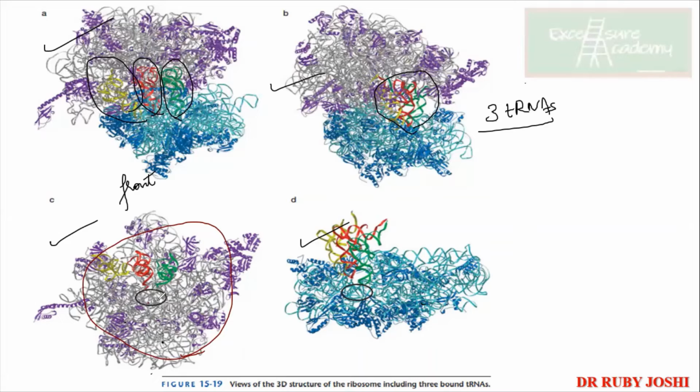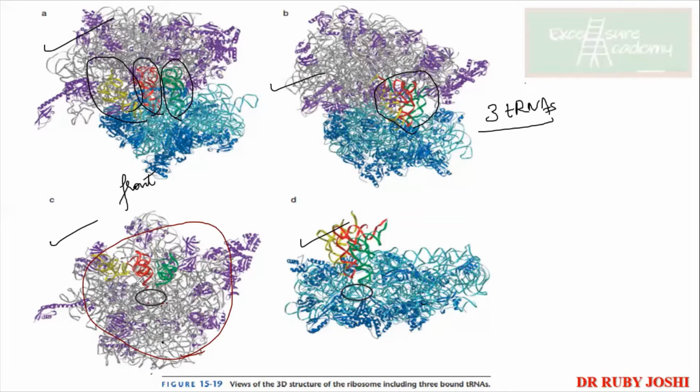This circle means where the mRNA interaction is happening. So just don't think about this circle. What is this entire structure telling you? Akshaya, you? Is it a cross section, like to understand how the tRNAs interact?